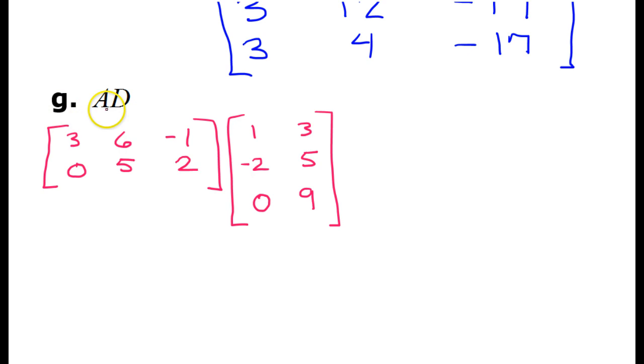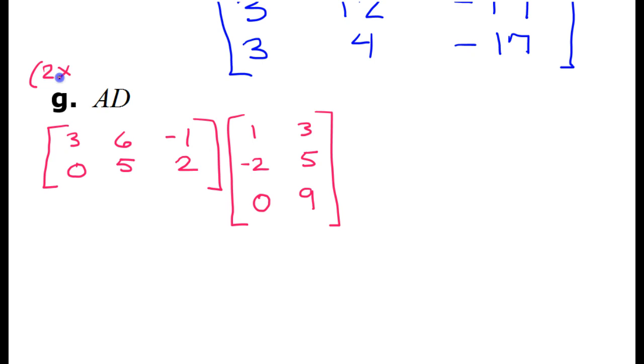For part G, we need to multiply matrix A times matrix D. First, let's analyze the dimensions and make sure that this is possible and figure out what will be the dimensions of the final answer. So matrix A has dimensions 2 by 3, 2 rows, 3 columns.